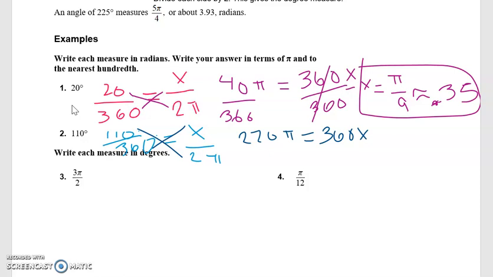Again, we need to undo the 360 to get x by itself, so we're going to divide on both sides, and we can simplify. So 220 over 360, they have a common divisor of 20. So if you divide both of those by 20, you will get 11 pi over 18.